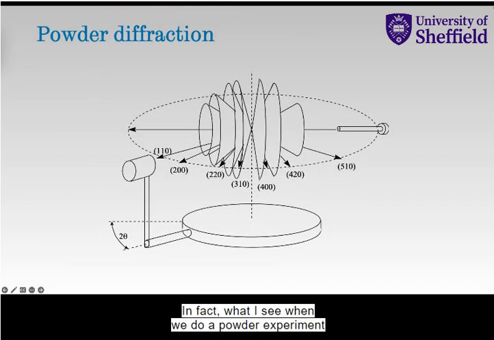And so in fact what I see when we do a powder experiment is these rings of diffraction. Generally we can think of cones of diffraction coming out of my material, corresponding to all of those crystals in different orientations producing that ring of diffraction from a certain family of planes.